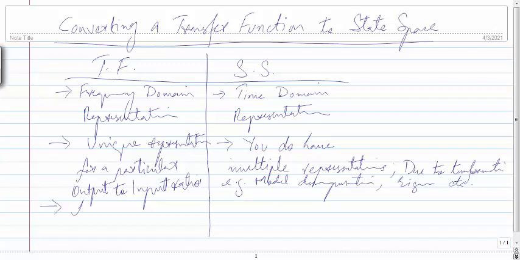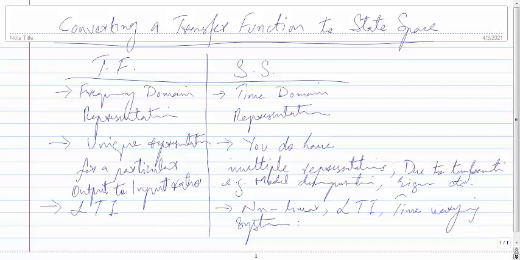So this is purely for LTI systems. State space can also represent nonlinear, LTI, time varying systems, so this means that state space representation is much stronger for representing all types of dynamic systems.